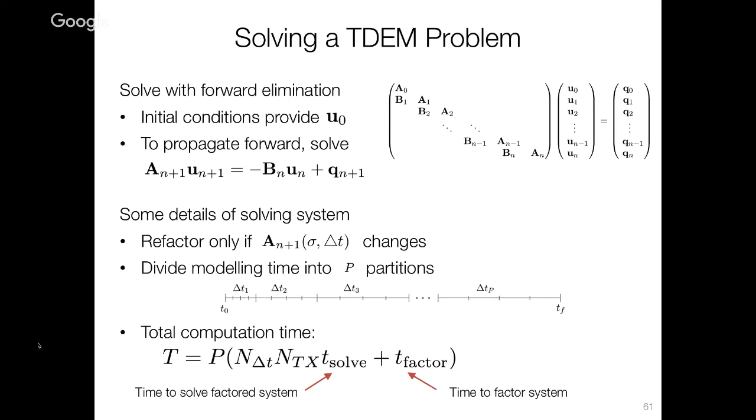If we don't change the time steps, then we can factor this once and use that repetitively to solve for this equation.